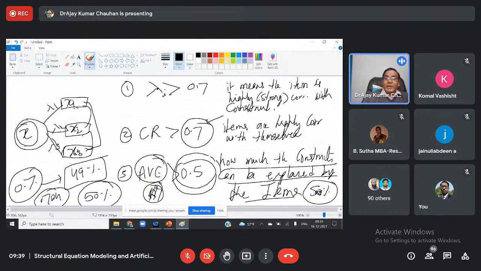So if the average correlation between the items and the construct is 0.7, it means they are explaining at least 50% of the variance of the construct. So this is the case of AVE. I hope it is clear. Yes, sir. Okay.